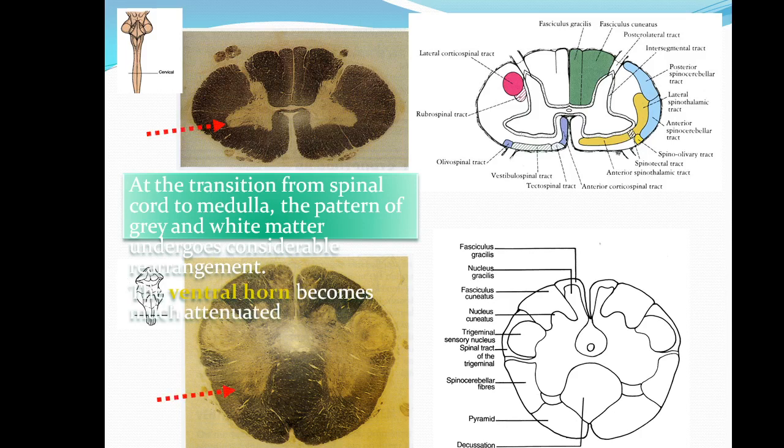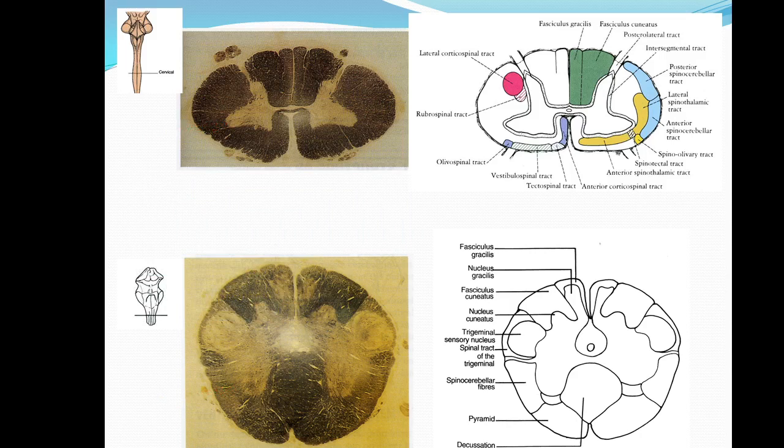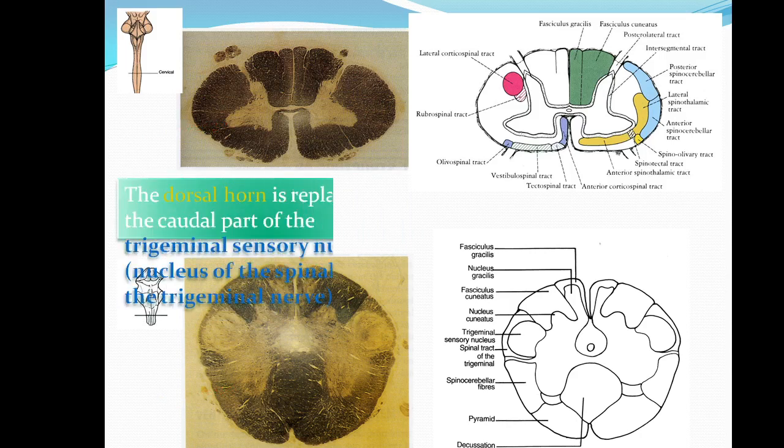The ventral horn becomes attenuated here. The dorsal horn is also replaced by the caudal part of the trigeminal sensory nucleus, the nucleus of the spinal tract of the trigeminal nerve.